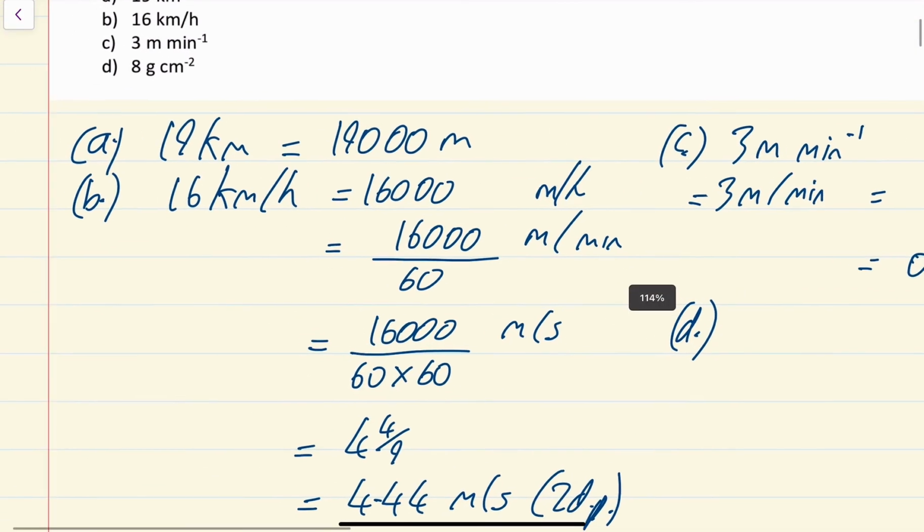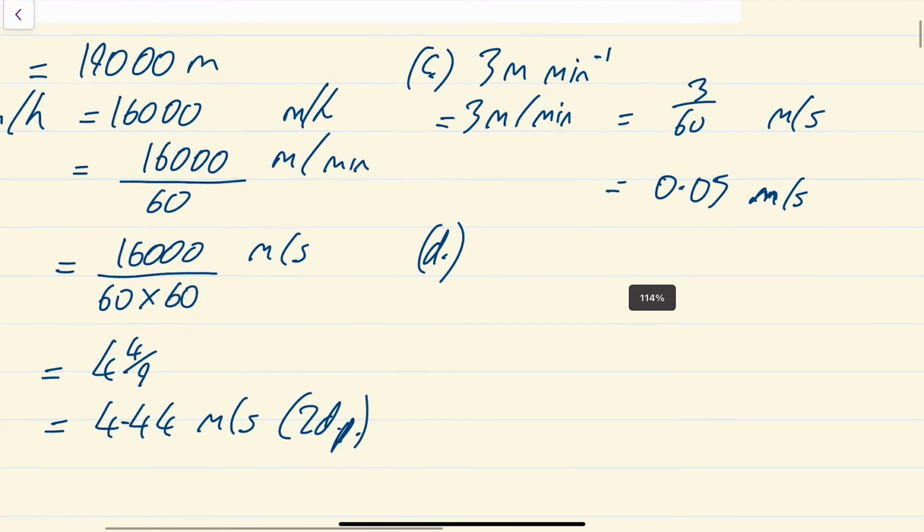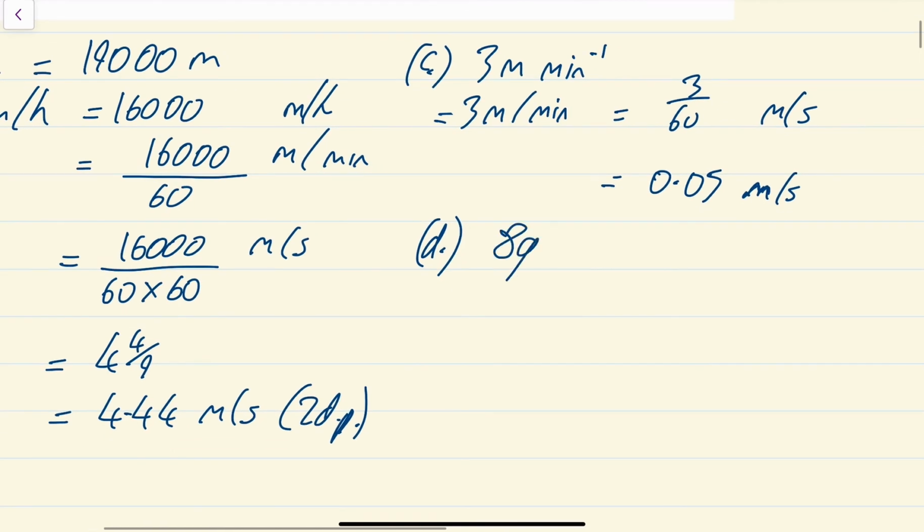And the last one, part D, was 8 grams per centimeter squared. Again, I'm going to write that just as 8 g per centimeter squared. Converting between area and volume units are both tricky things to do.